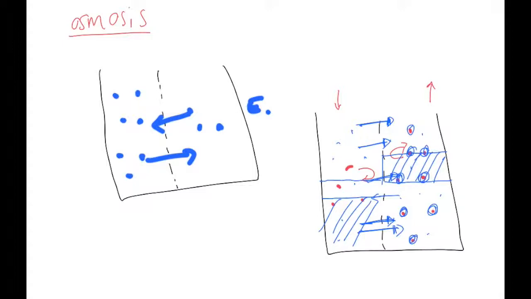Because those salt molecules can't pass back through the membrane, the water becomes stuck on that side and can't move back. Over time, water molecules will move across. We'll have a net movement of water across. You'll still have some moving back, but overall the water molecules will move across, get attached, and then we'll have the water level increase on that side and decrease on that side. So that's the gist of osmosis.